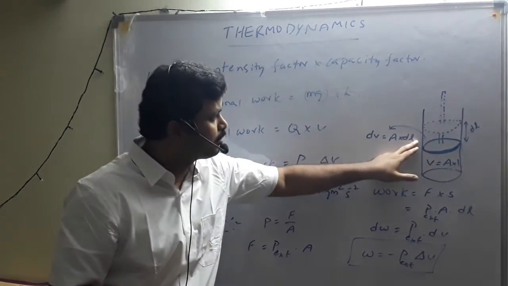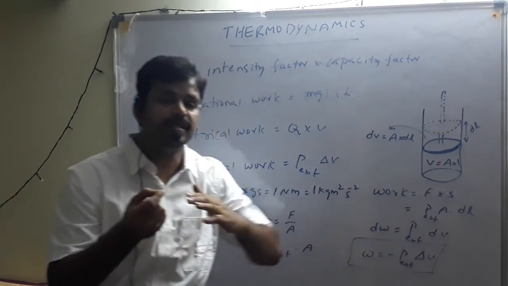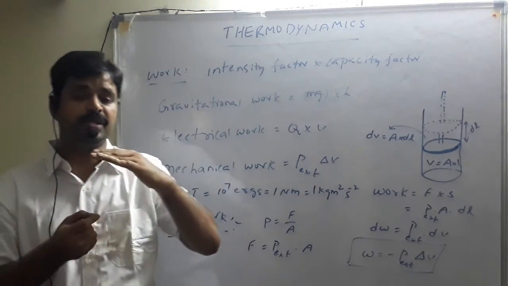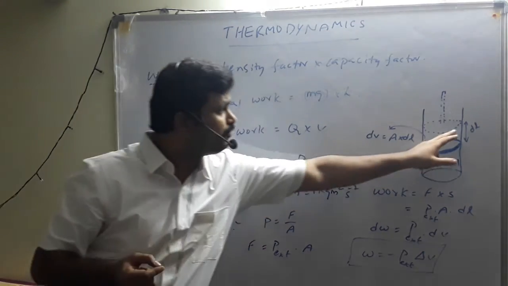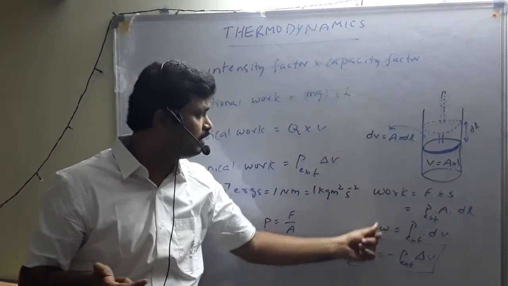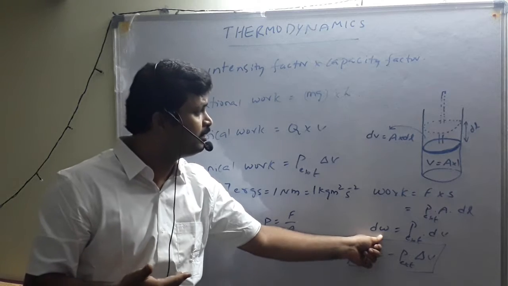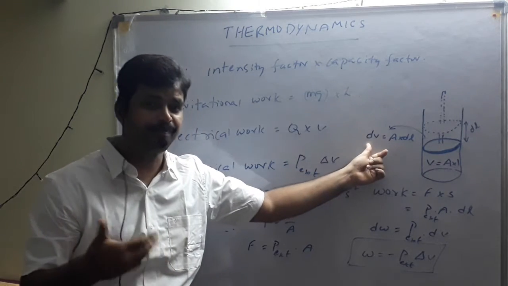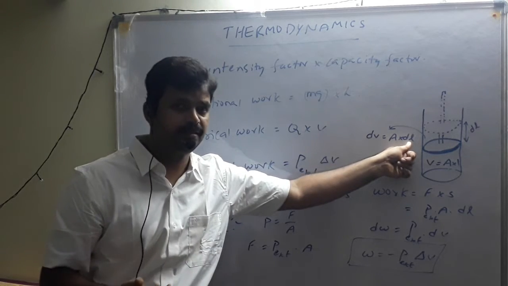So how much work? This dl is nothing but the change in length, an infinitesimal change. Infinitesimal change in the piston expansion will give you infinitesimal change in work. Here how much volume has expanded? The dV volume, area into length, dl.